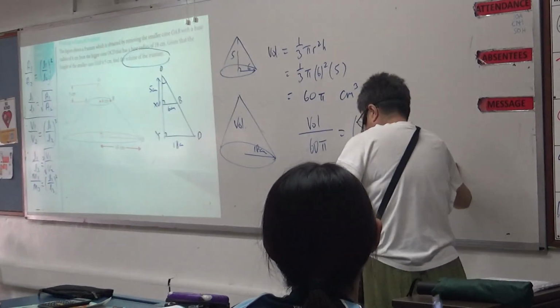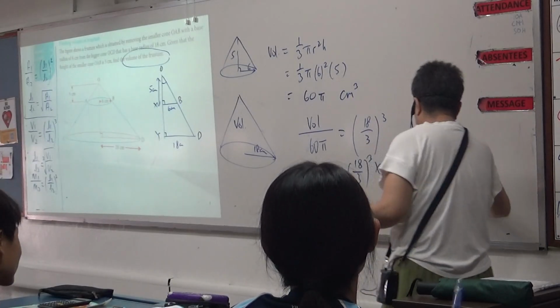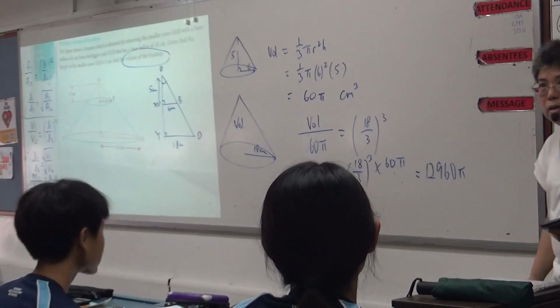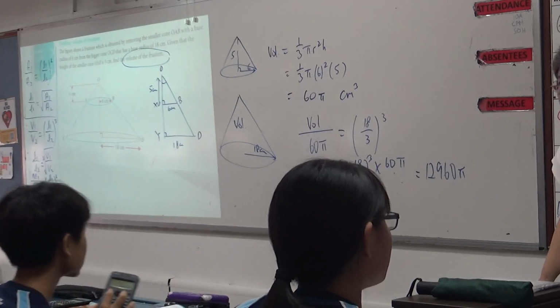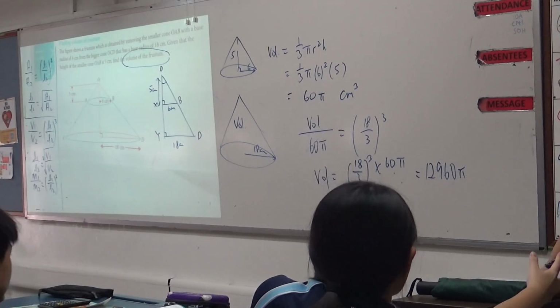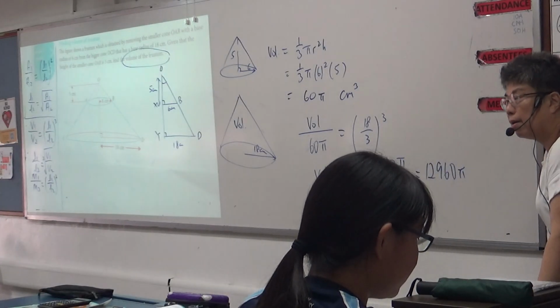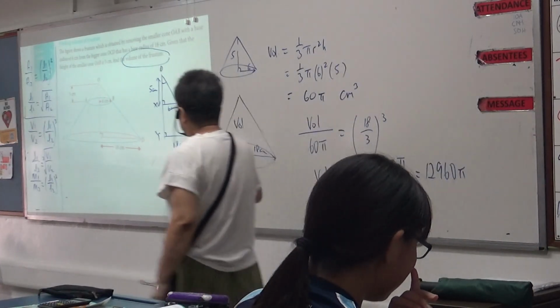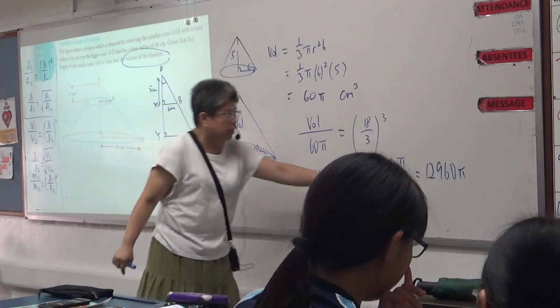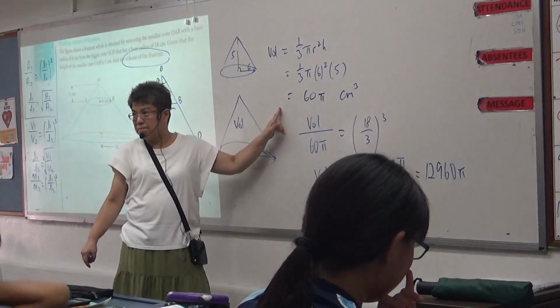Do you get 1, 2, 9, 6, 0 pi? Is this correct? Yes. Do you get it in terms of pi like that? 1, 2, 9, 6, 0 pi, right? In terms of pi. Okay? Now, so the volume of the frustum will be this one minus this one, right?